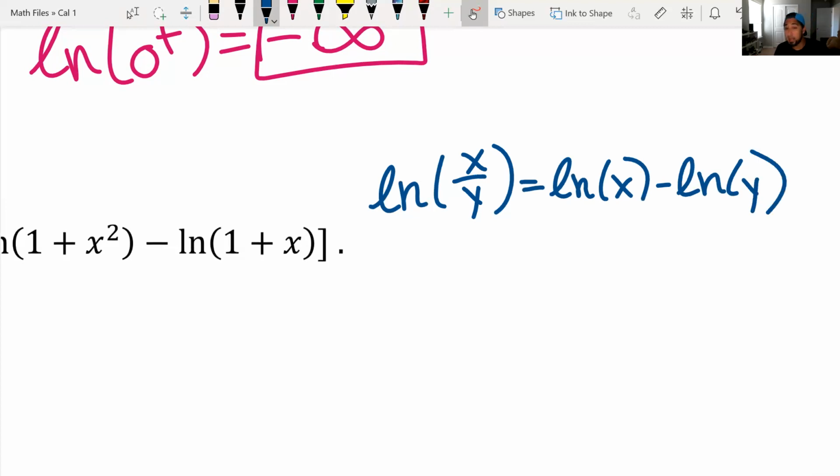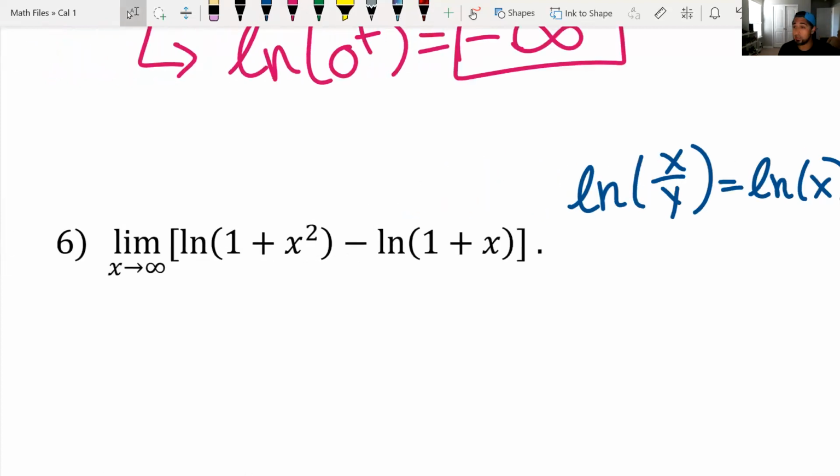Which means if you can expand it, you can also condense it. So natural log of x minus natural log of y can also be written as the natural log of x over y. So let's go ahead and use that log property on this limit.